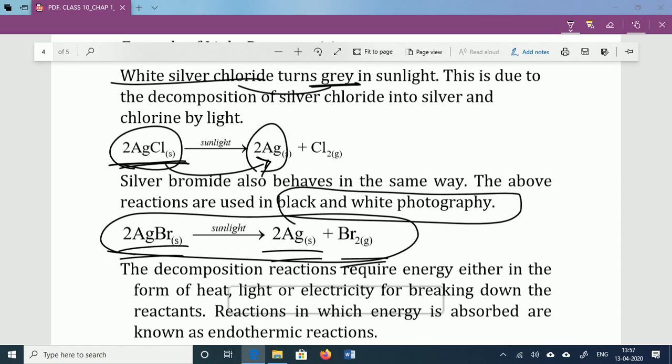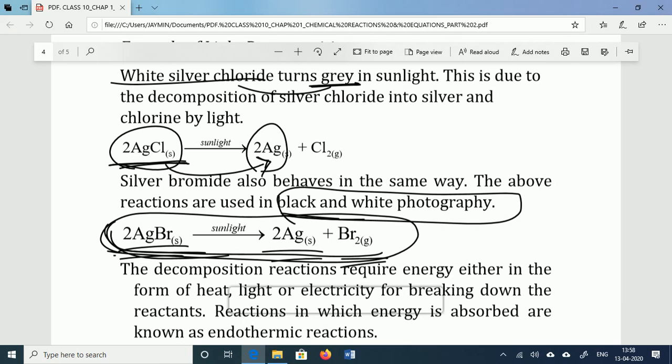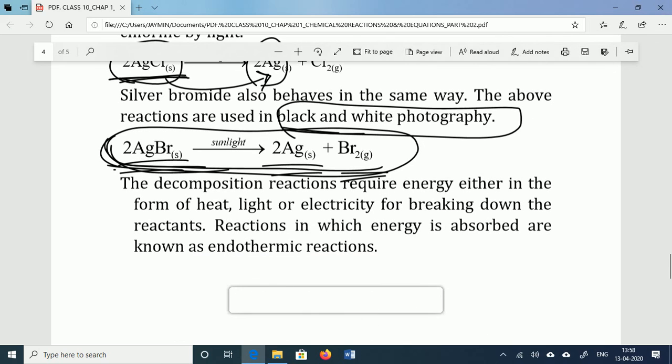I think you have heard that nowadays there is the digital concept, but in the past, black and white negatives were available, and that negative contained silver bromide. Silver bromide solution is used for black and white photography. So the breakdown of this silver bromide also occurs in the presence of sunlight. So it is an example of the light decomposition process.